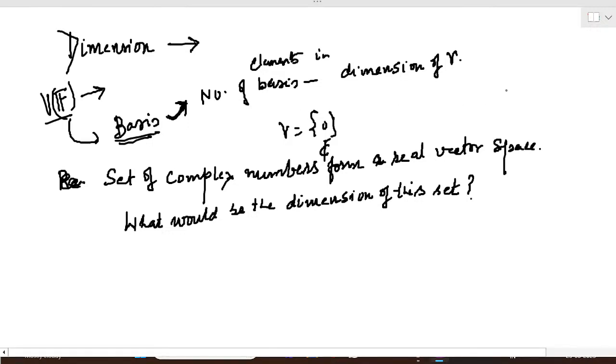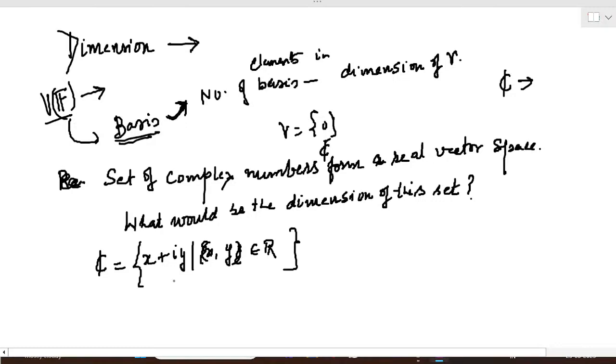So you can have a correspondence to R square, because if I want to write any complex number, let us say x plus iota y, here x and y both belong to R, right? If I want to generate this set, what can I do? I can generate it using (1, 0) and (0, 1). After all, whether you write x plus iota y or x comma y, this is one and the same thing, right?